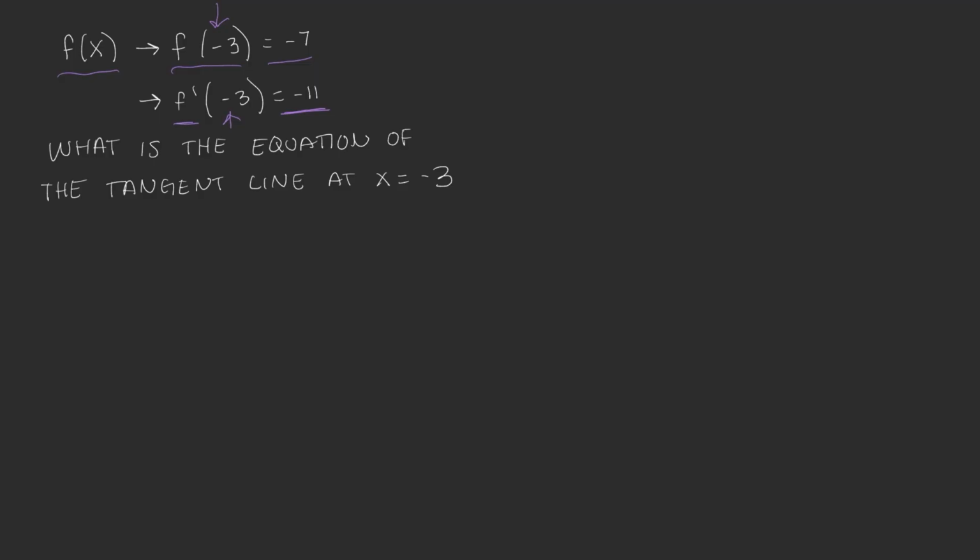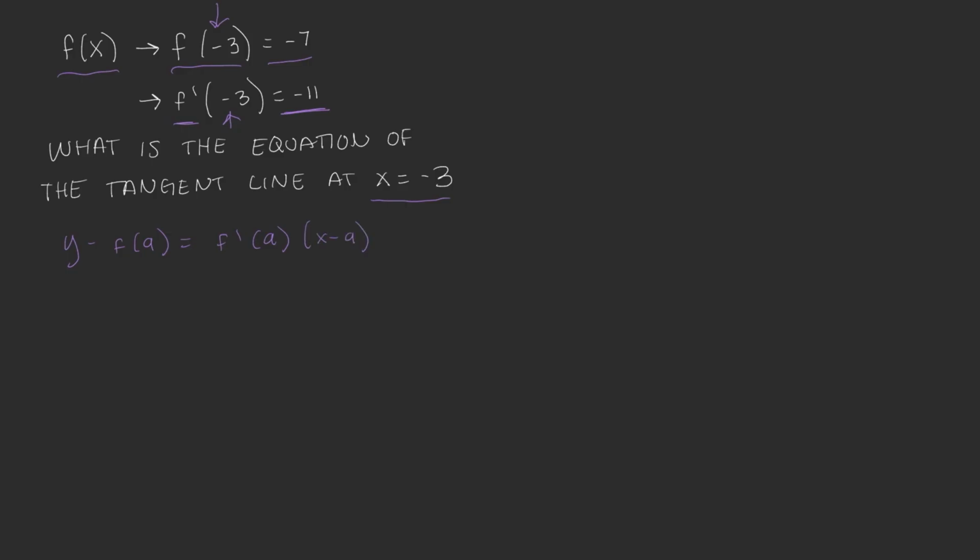So it's not giving you a function, but that's okay, we don't need it because it gives you everything else that you need to solve the question, which is, what is the equation of the tangent line at x equals -3? So we're going to use the equation that we used in the previous question, which is y minus f of a equals f prime of a, times x minus a.